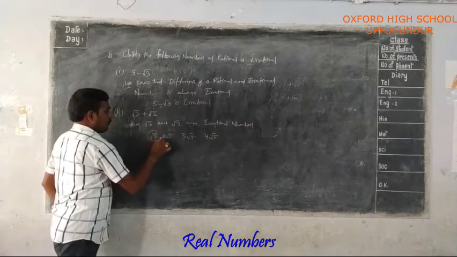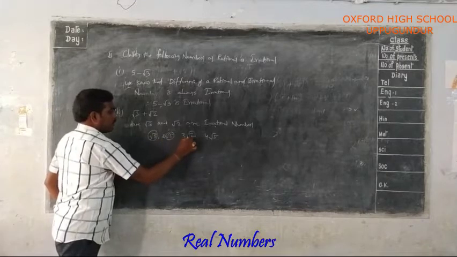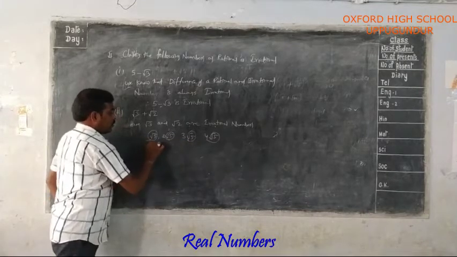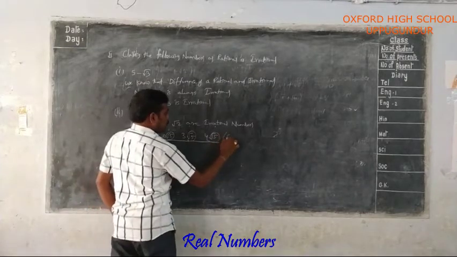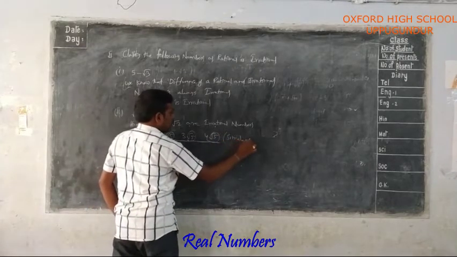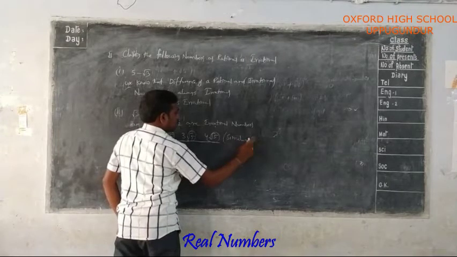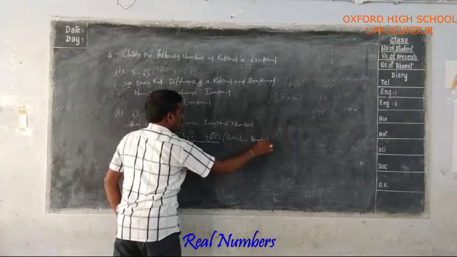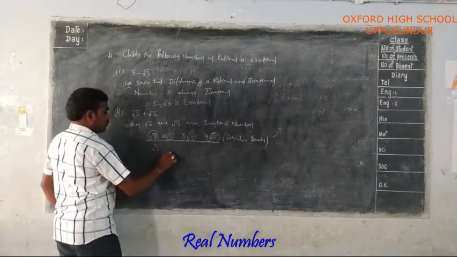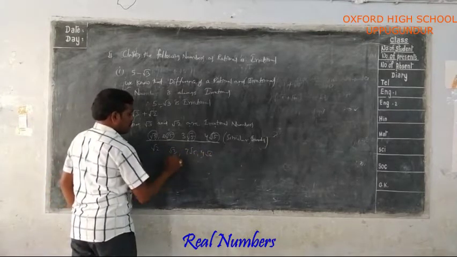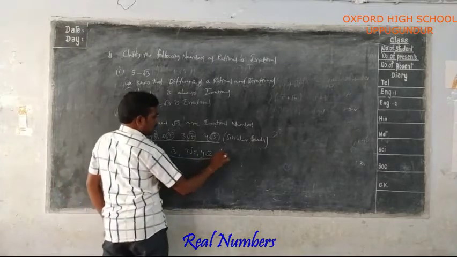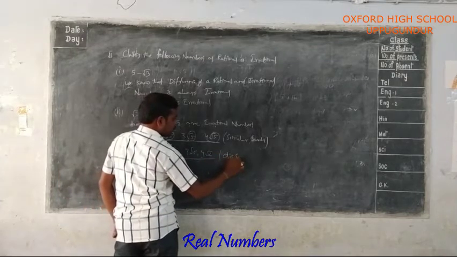Here in the square root you have the same rational number. So this type of surds are similar surds. Root 2, root 3, 7 root 5, 4 root 6: all these are dissimilar surds.